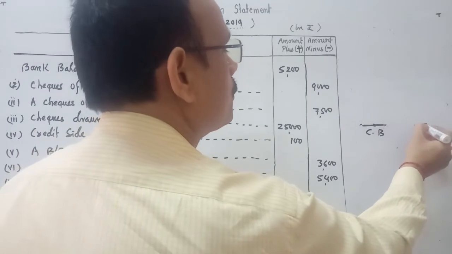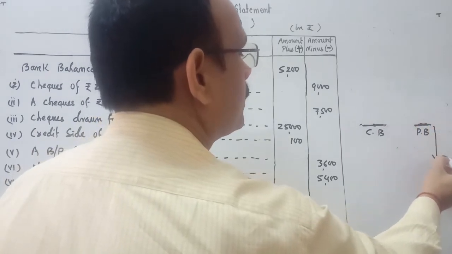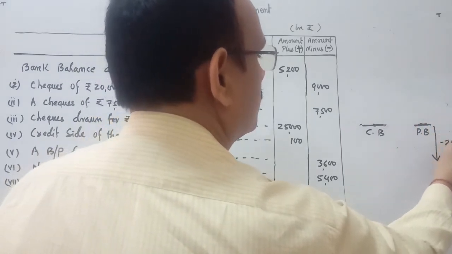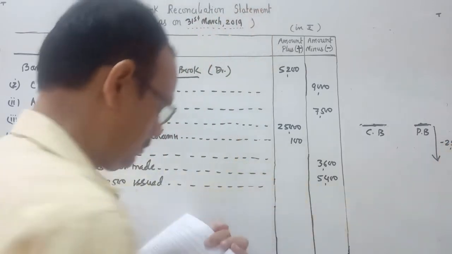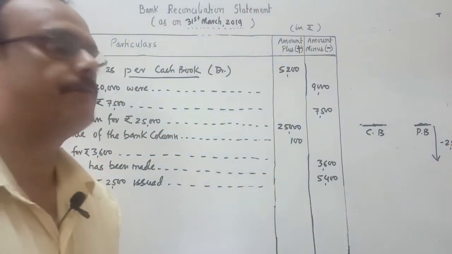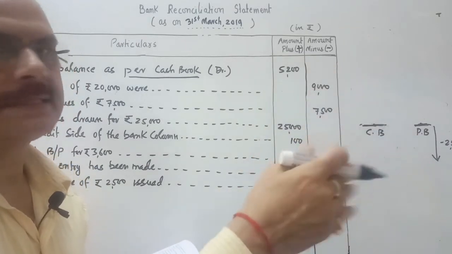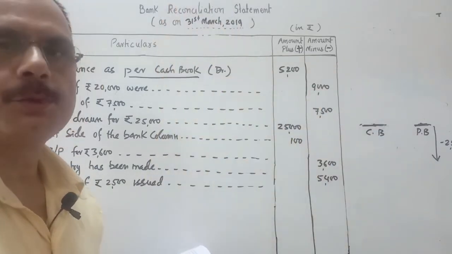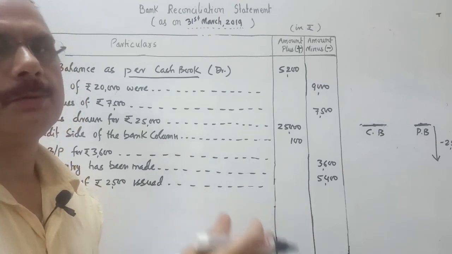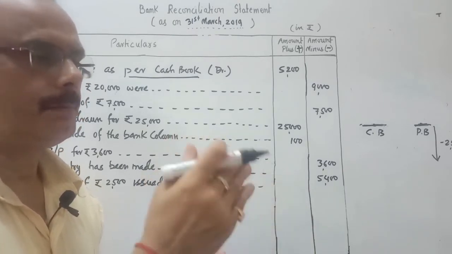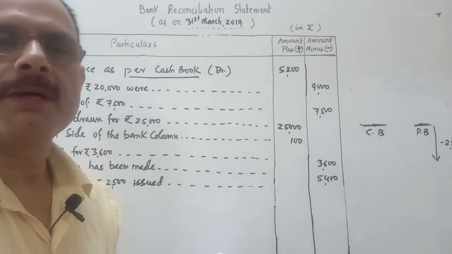But in the passbook this will be reduced by 2500, because that check is presented by the creditor before the bank and the bank has done the payment. So in the passbook, the bank will debit this amount in our ledger.